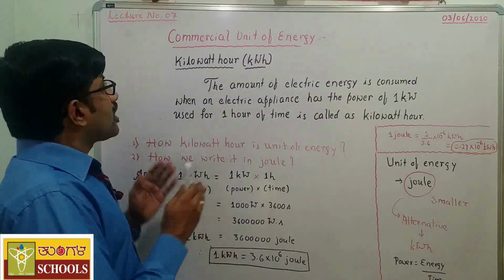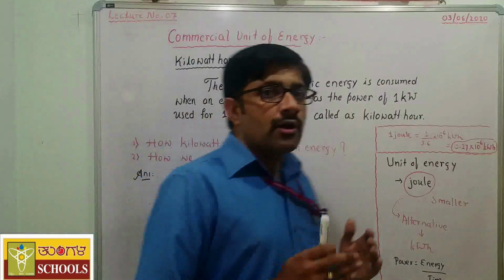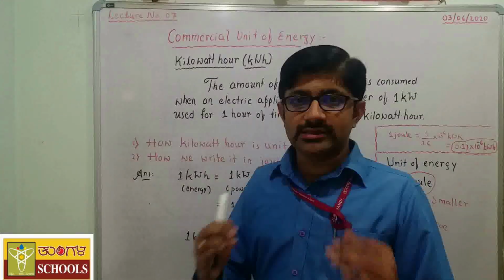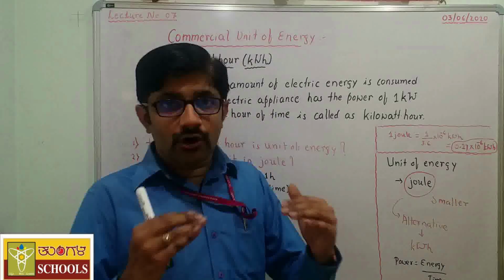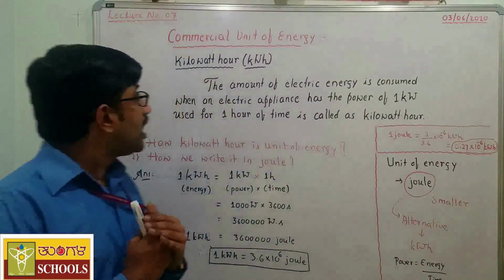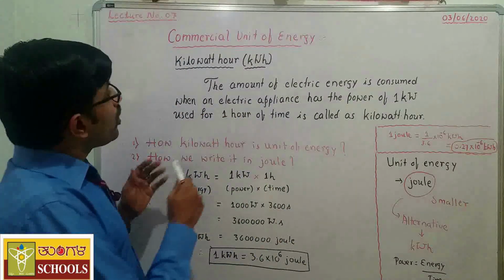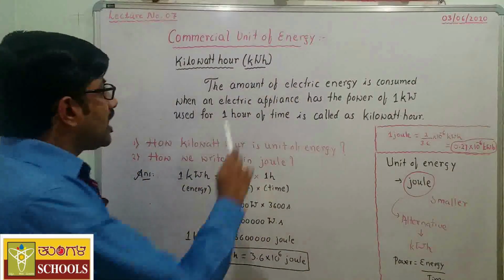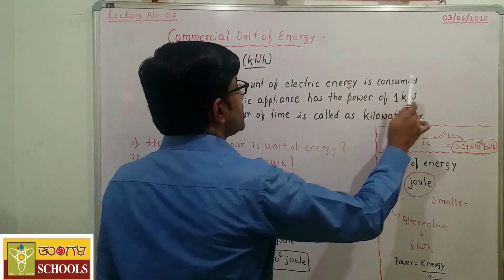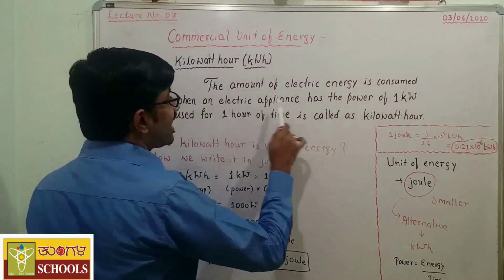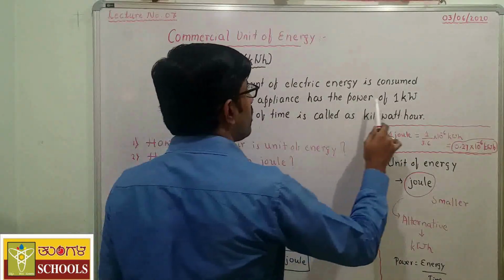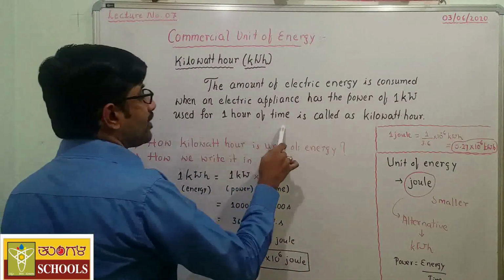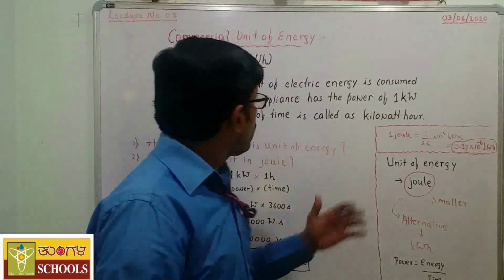For the commercial unit of energy, we are using the kilowatt hour. So let's define what exactly the kilowatt hour is. The amount of electric energy consumed when an electric appliance has the power of 1 kilowatt used for 1 hour of time, then we take it as kilowatt hour.